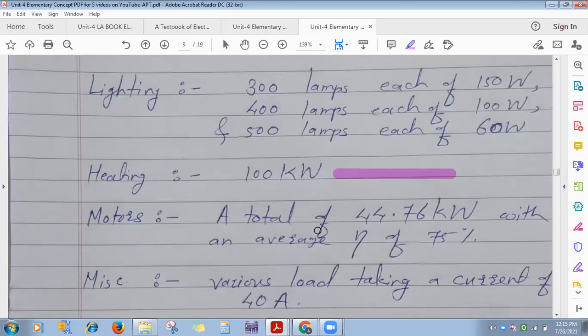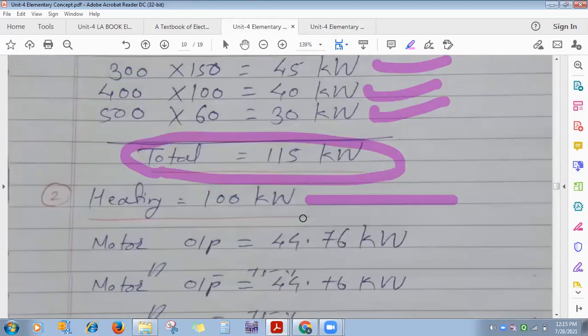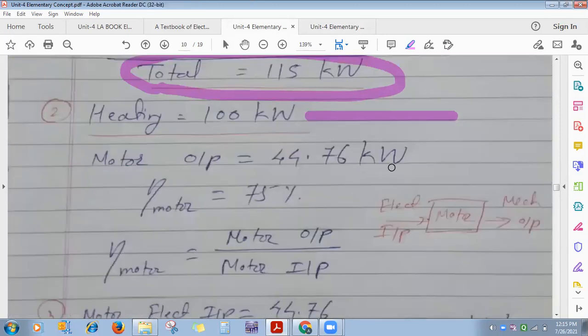Next one is motor. For motor, efficiency is given and power is given. Whatever power specification is given for a motor is always its output power. Whenever I say it's a 1 HP motor, you can convert HP to watt or kilowatt, and the reverse also.